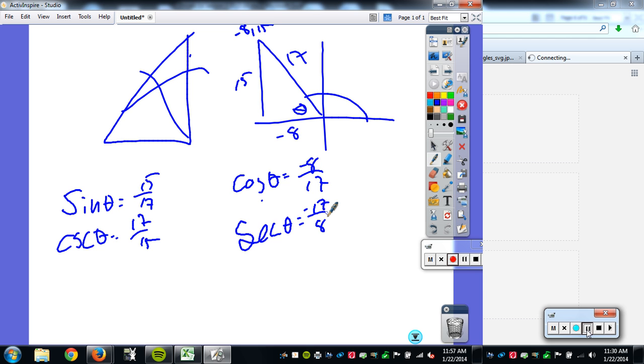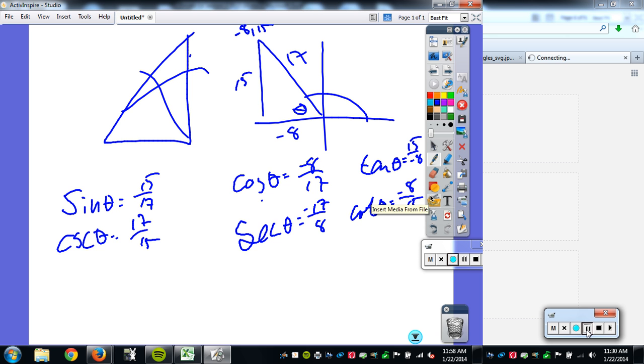Cosecant versus sine. Remember, the co's don't go together. It's a good saying. Tangent of theta is opposite over adjacent, so that would be negative 15 over 8. So therefore cotangent of theta is negative 8 over 15.